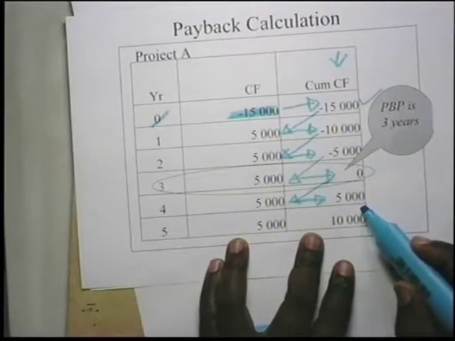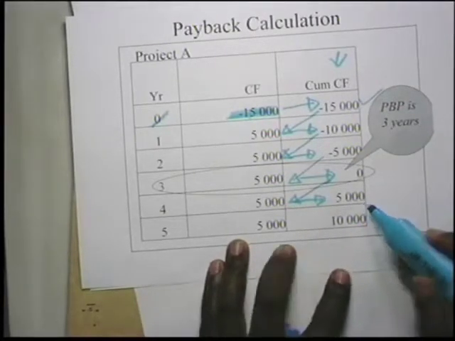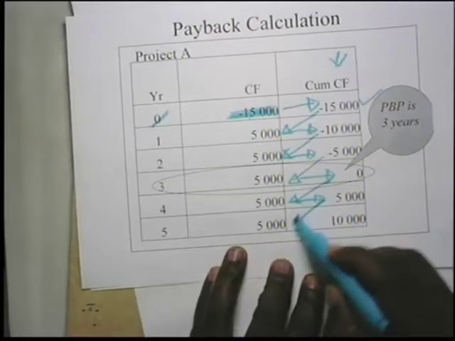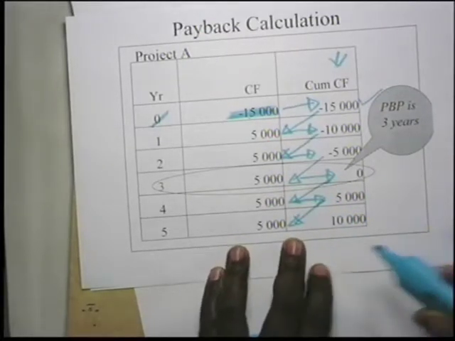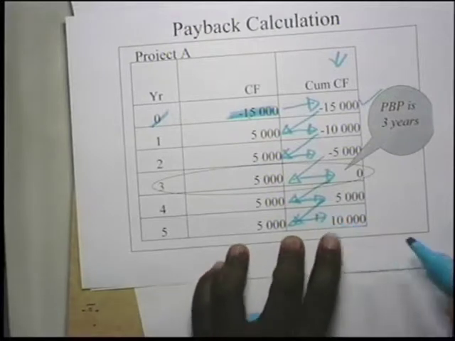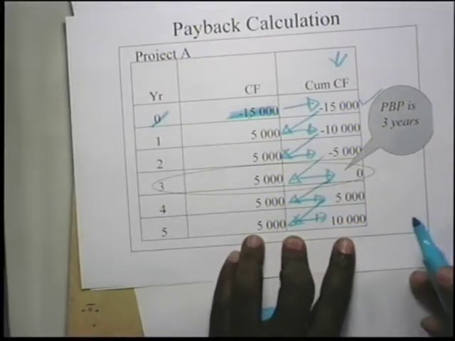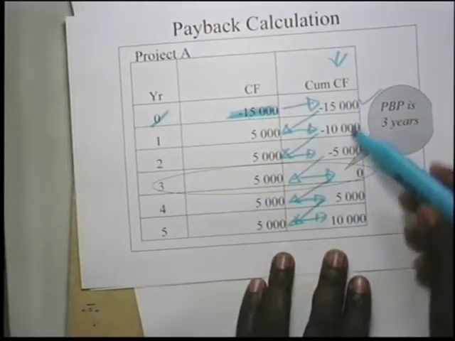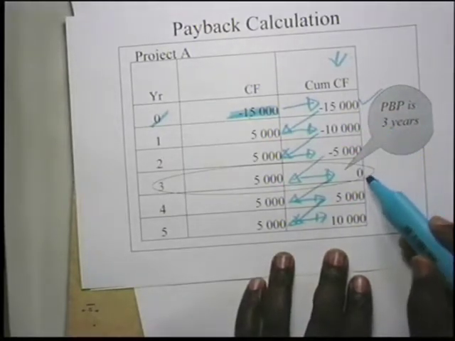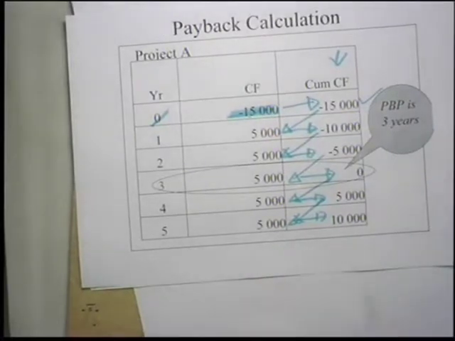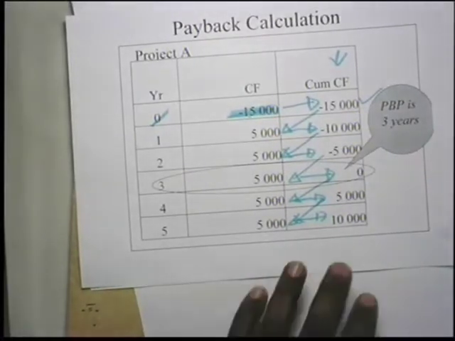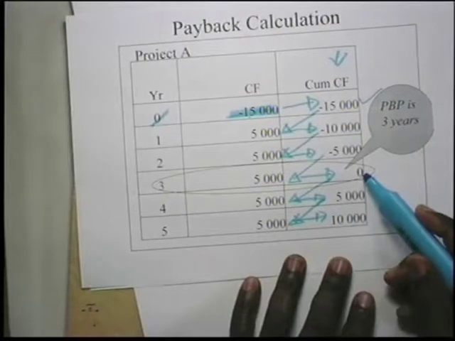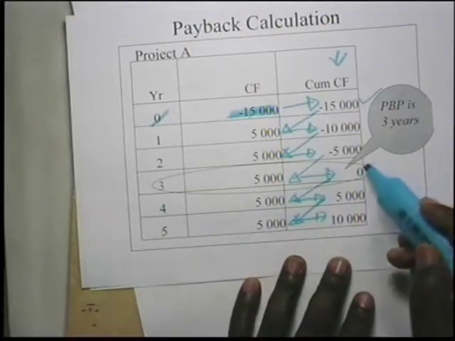You will see that our cash flows now are in the region of positive figures. If I add the next year's cash flow, it's now going up, it will be 10,000. Now, the year of interest here is the year where the cumulative cash flow is 0. We find that the cumulative cash flow is 0 in year 3.